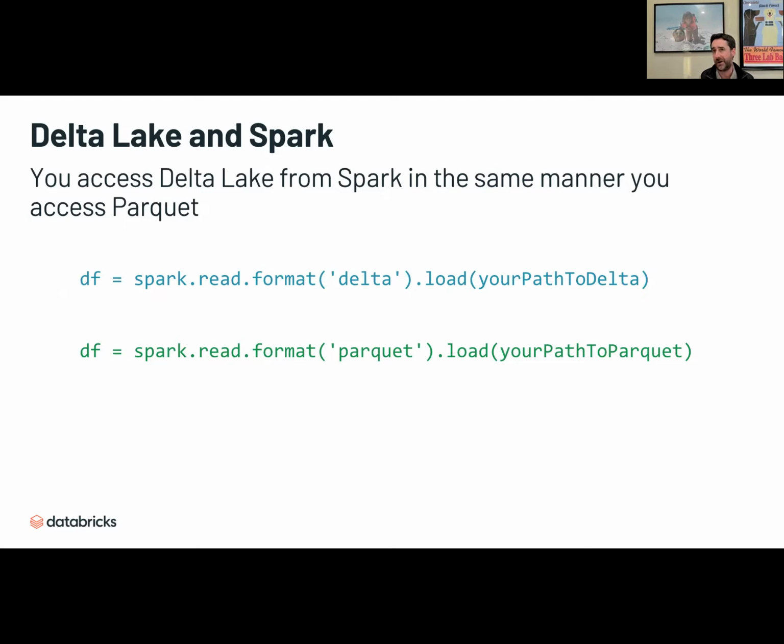When you read Parquet with Spark, you're essentially reading thousands of files at one time. All of those files would potentially be in a folder, usually a columnar partitioned set of folders as well. And that's the same for Delta.